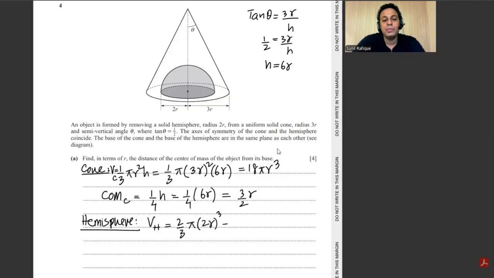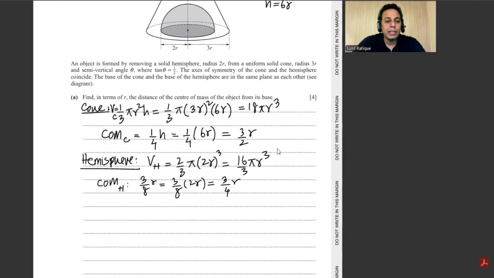So 2r cubed is 8, twice that is 16/3 pi r cubed, right? And the formula given for the center of mass of a standard hemisphere from the base is 3/8 of the radius. So that's 3/8 of 2r, which is 3/4 of r, right?